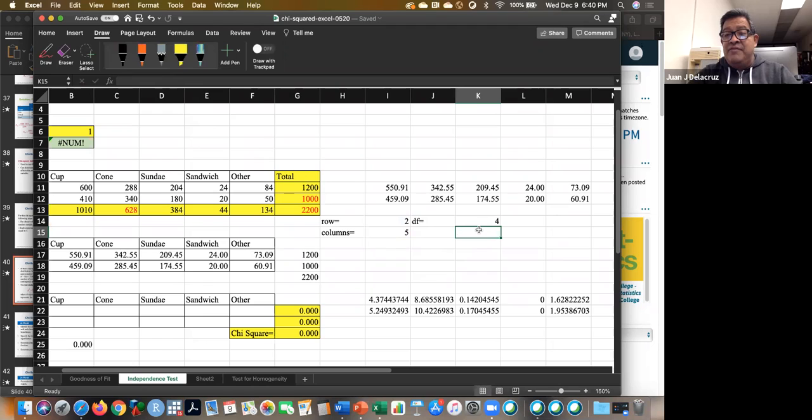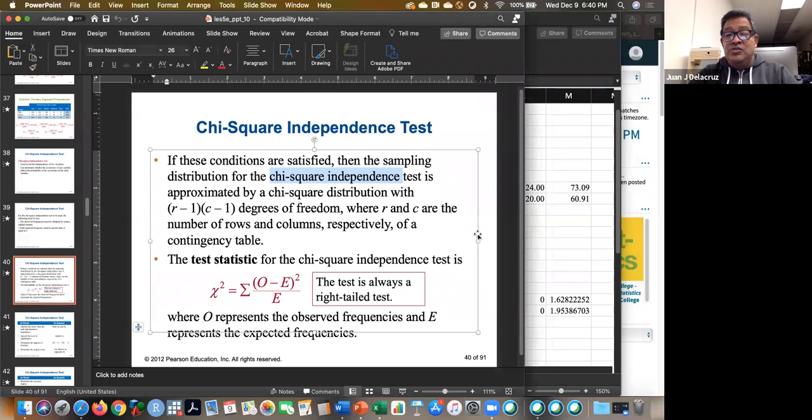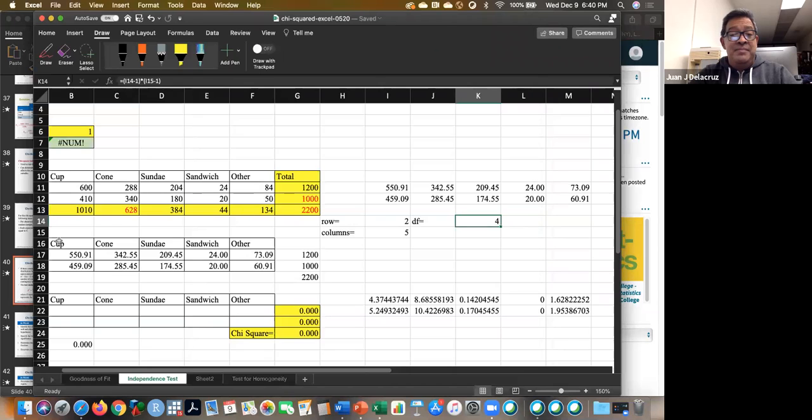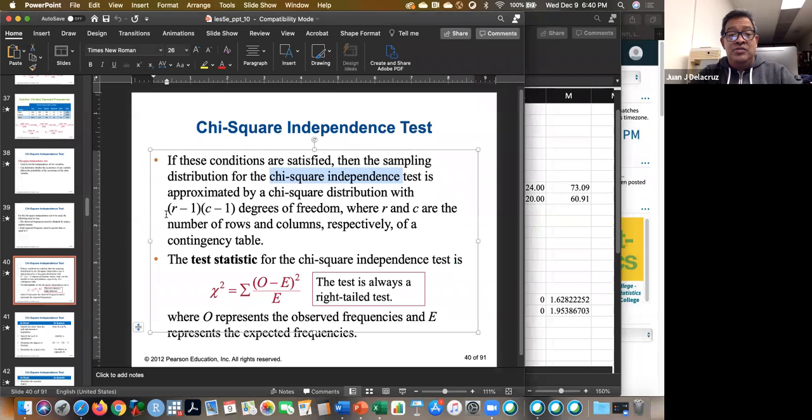So I'm going to have 4. Rows minus 1 is 1, columns minus 1 is 4. 4 times 1 is going to be equal to 4. Okay, so that's very simple math. So my degrees of freedom are going to be given by this condition: rows minus 1, columns minus 1.